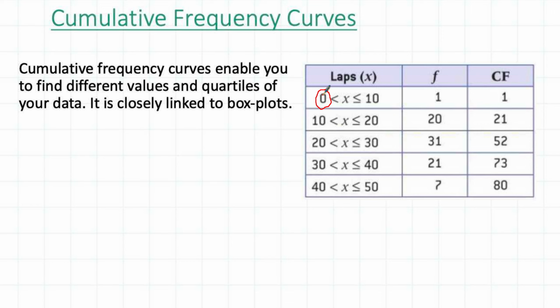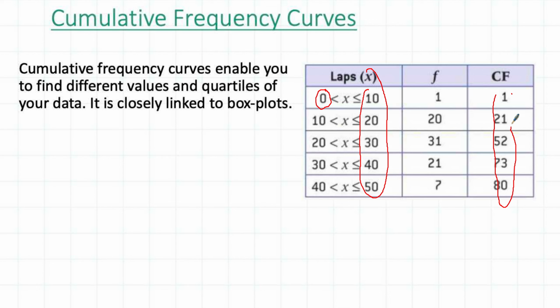Okay, so not at 1, you will plot it against 0. So the lowest class will be plotted with 0, and then you will start plotting the upper classes with the cumulative frequency.